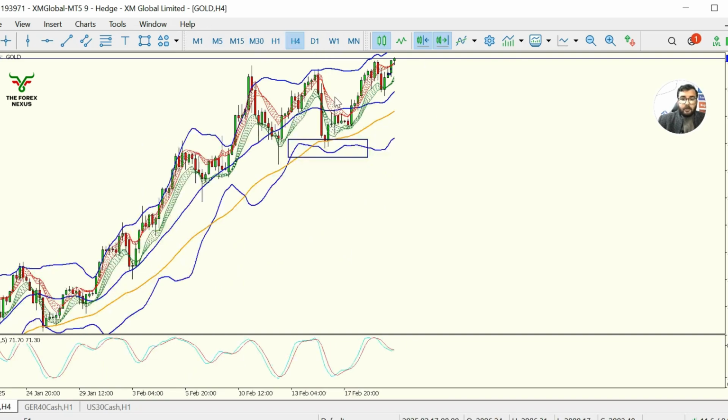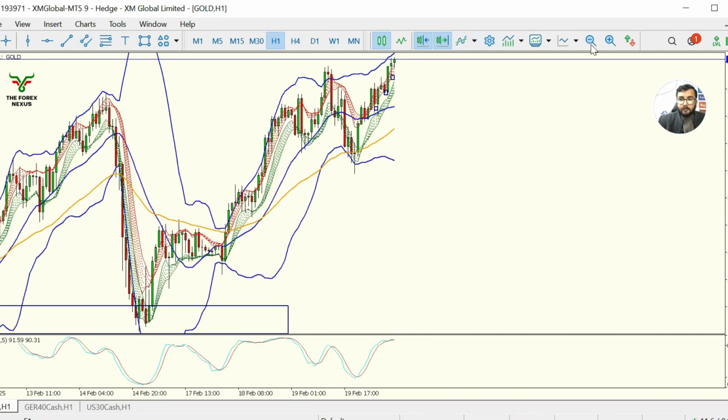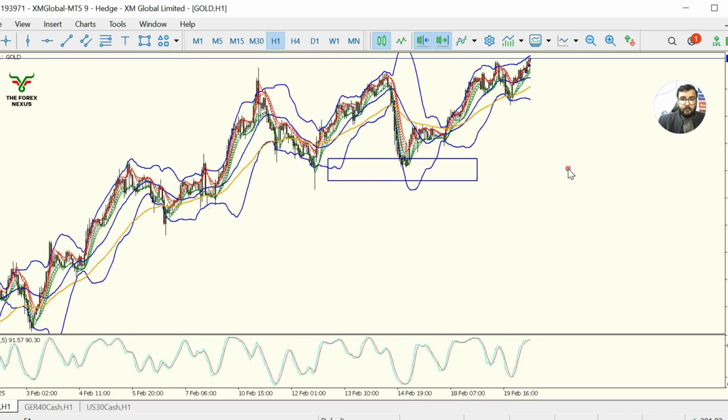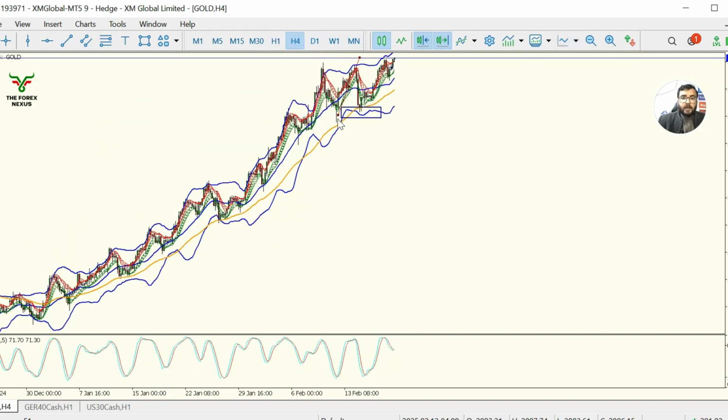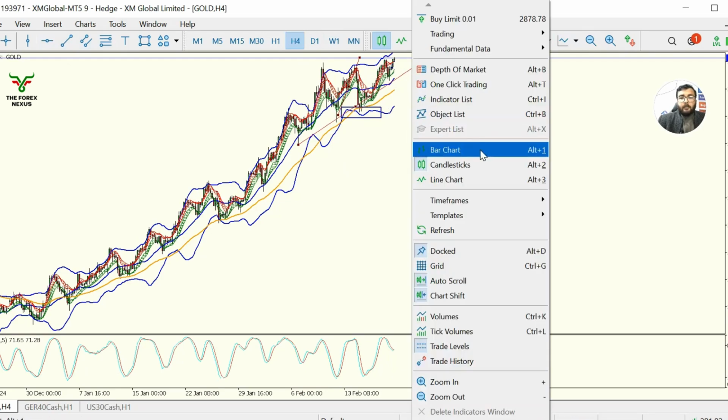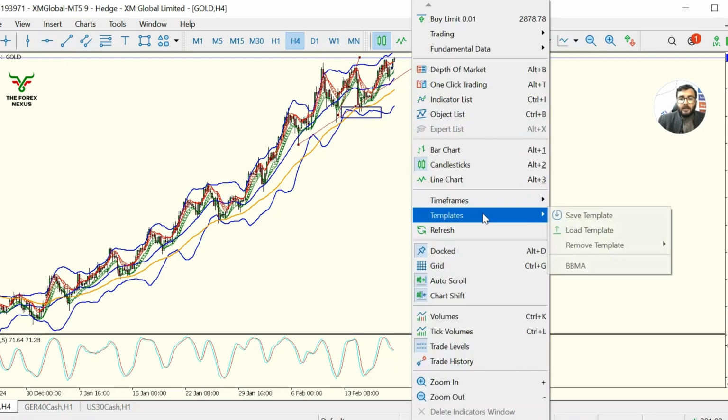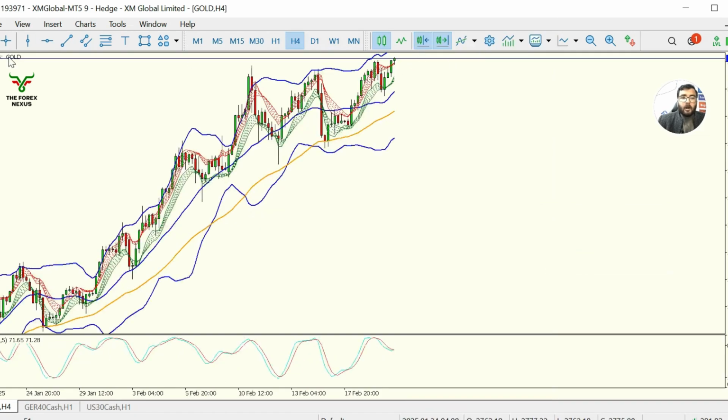if we look here on the H1 time frame and draw another trend line, the market already broke the trend line on H1. Also on H4 we got a trend breakout, but in BBMA it's more powerful.